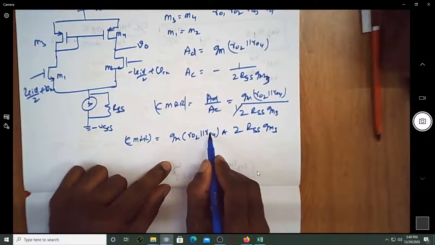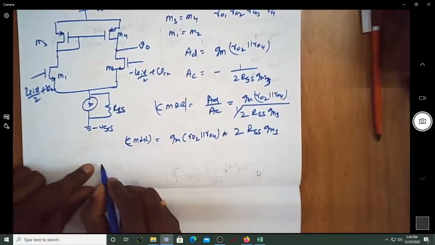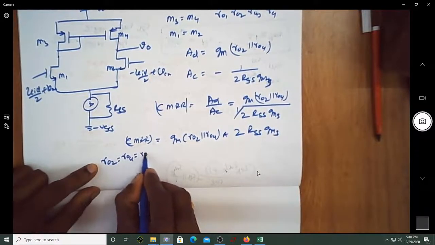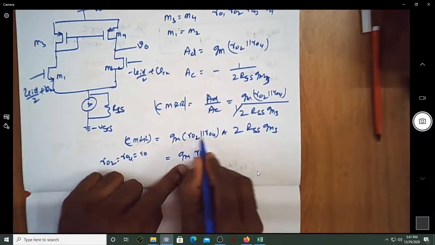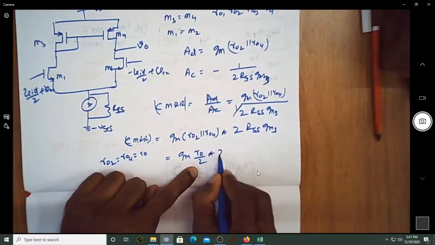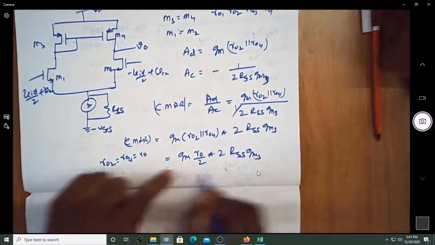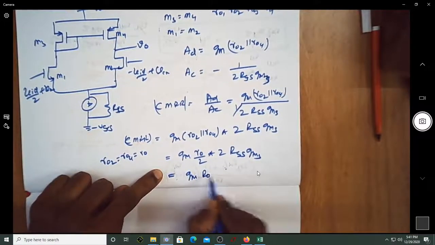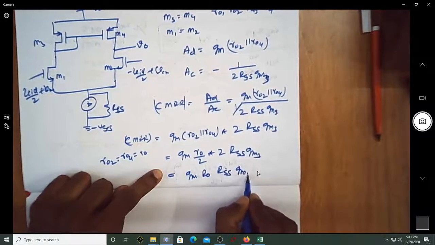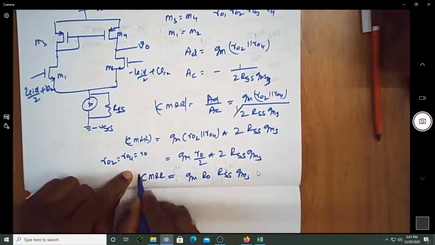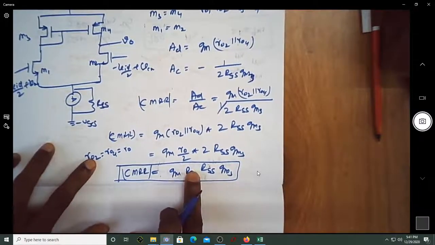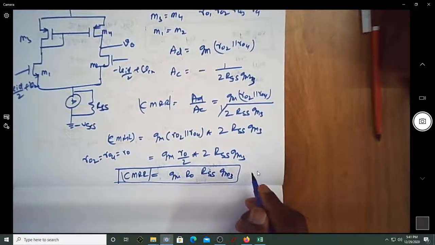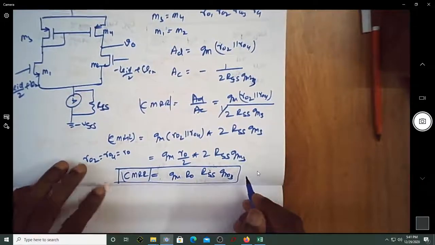Suppose you assume R02 and R04 are the same, equal to some R0, then I can write this as GM into R0 by 2 multiplied by 2 into RSS into GM3. This finally reduces to GM into R0 and RSS into GM3 as the CMRR magnitude. We can see it has a very huge CMRR because GM into R0 will be very large, and RSS into GM3 will also be very large in quantity. So this way we can find out the CMRR of a differential amplifier with active load.